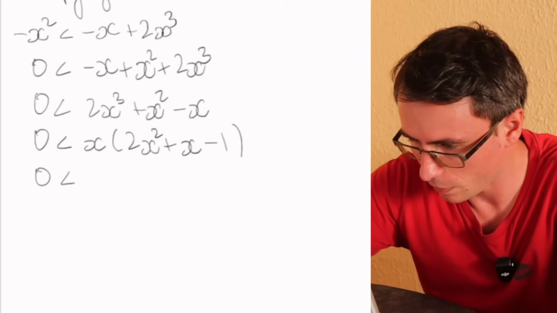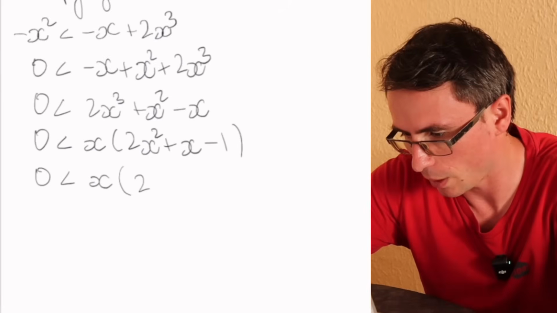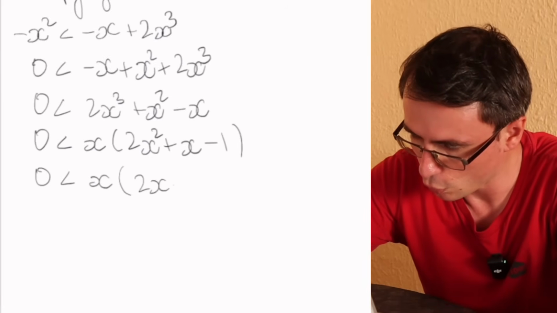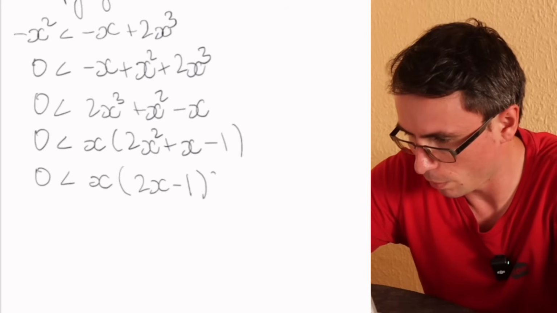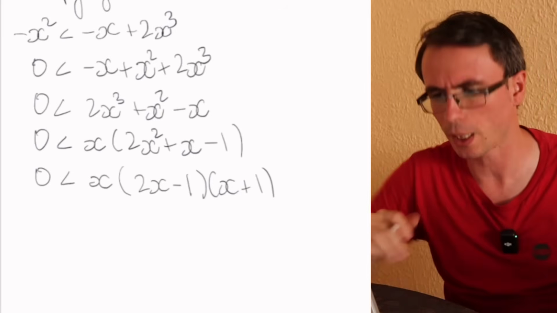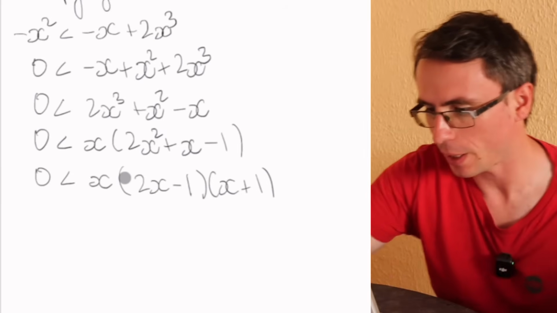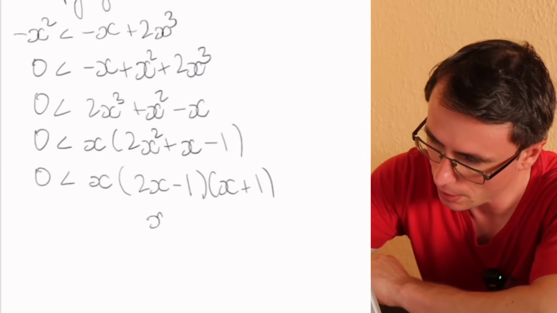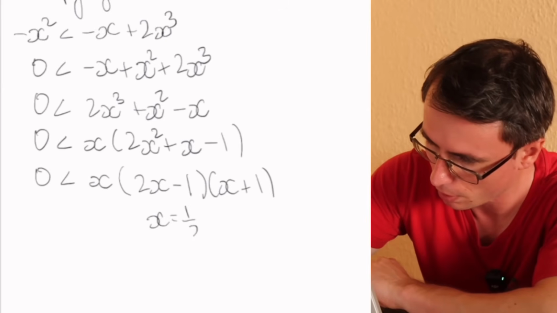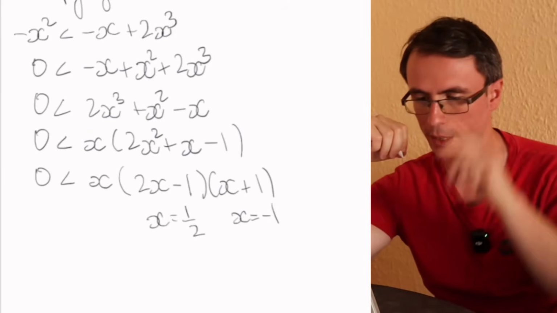We can say that 0 will be less than x, and then if we factorize this, we're going to get (2x minus 1)(x plus 1). I think that's right. Let's do a quick check. Yep, that's fine. The quadratic will end up having roots at x equal to 1/2 and also at x equal to -1.